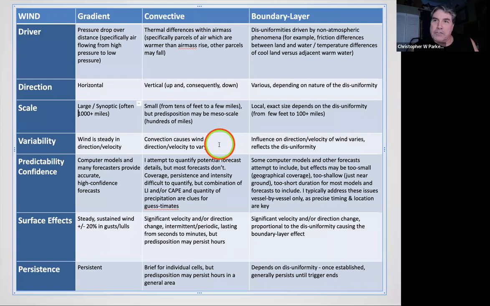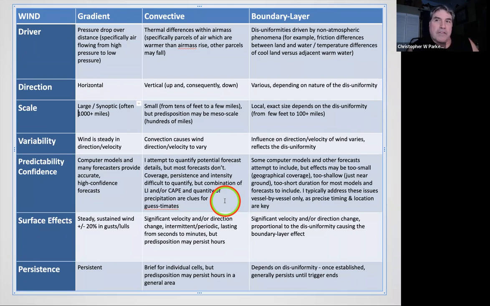So convection causes wind speed and direction to vary considerably. We attempt to quantify this in our forecasts. Most forecasts don't, but we'll try to let you know what we think the potential is for wind in convective events. Updrafts don't typically have a lot of wind associated with them, but particularly in the downdrafts, we're going to try to give you our best guess about what the wind potential is in those downdrafts.